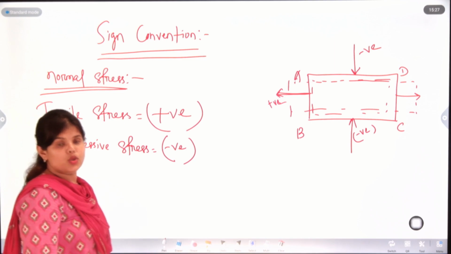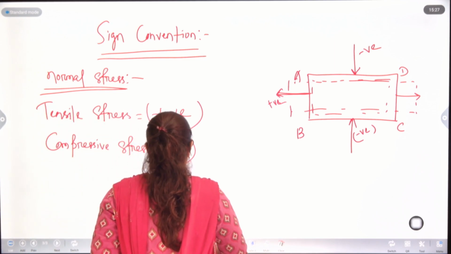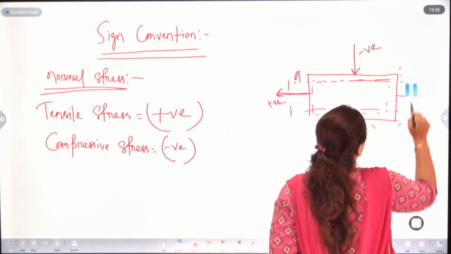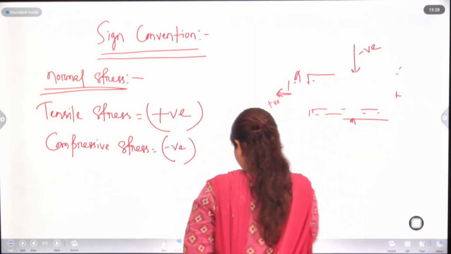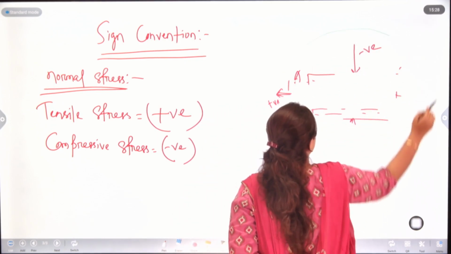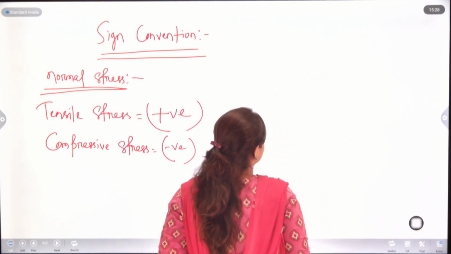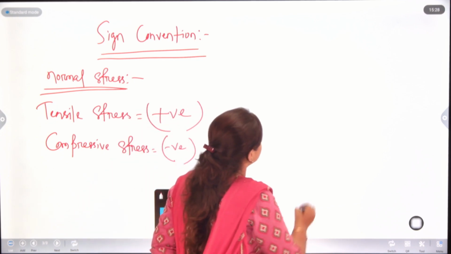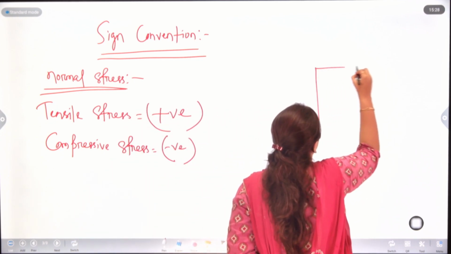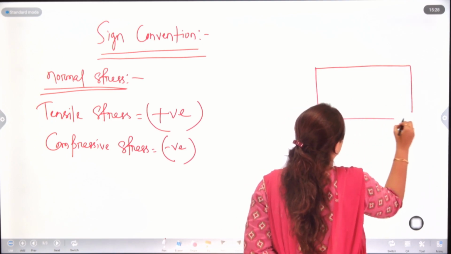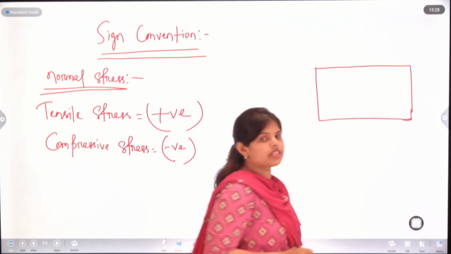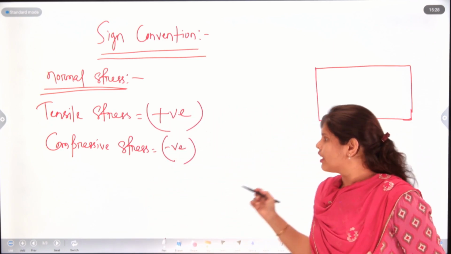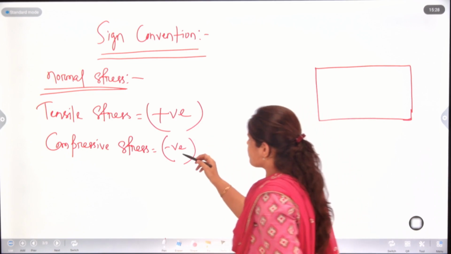So, we have studied normal stresses. Now, shear stress. In the case of normal stress, there are tensile and compressive stresses, so we can easily differentiate them with positive and negative.